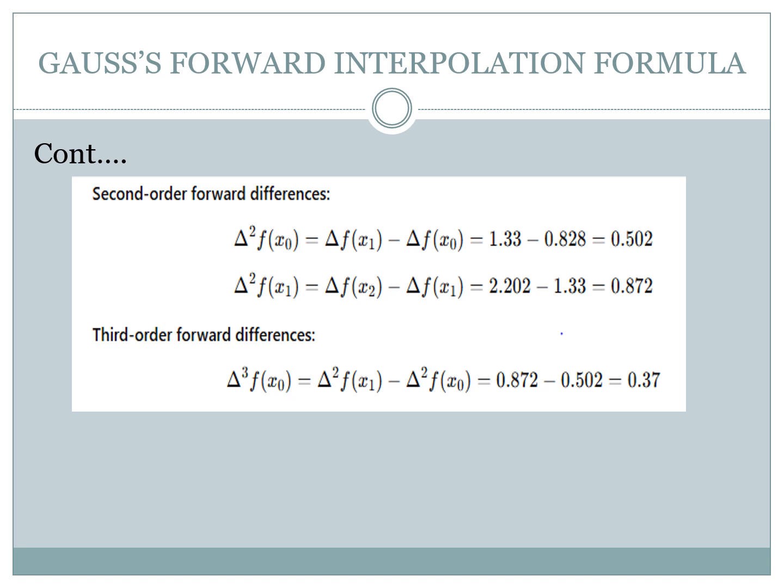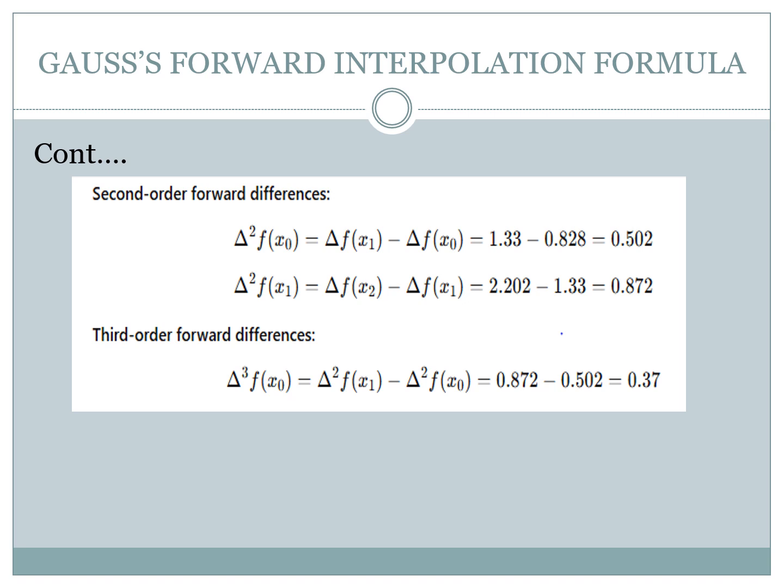The formula for second order forward difference is delta square f of x naught equal to delta f of x1 minus delta f of x naught.